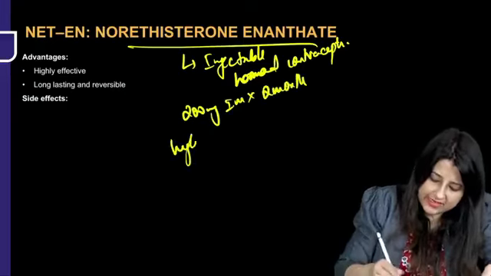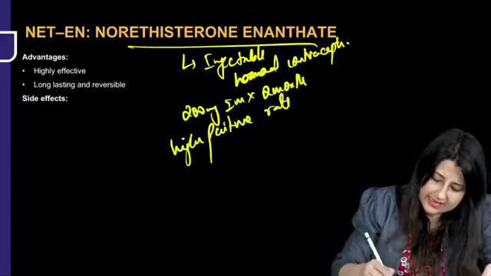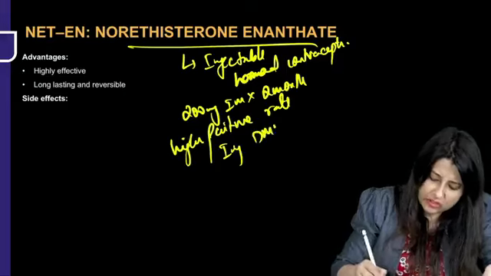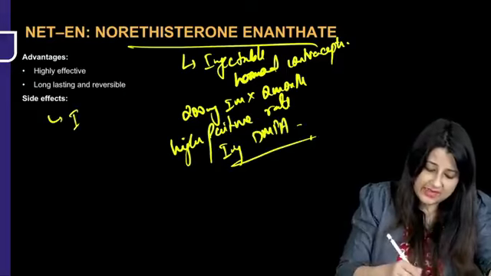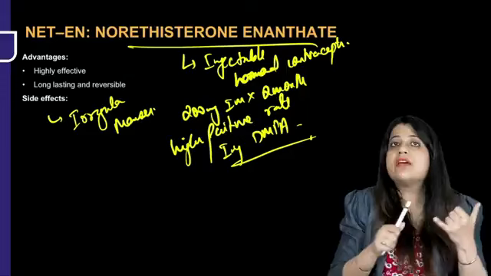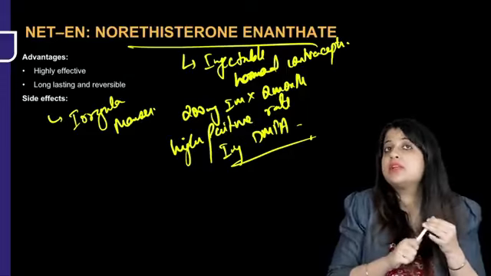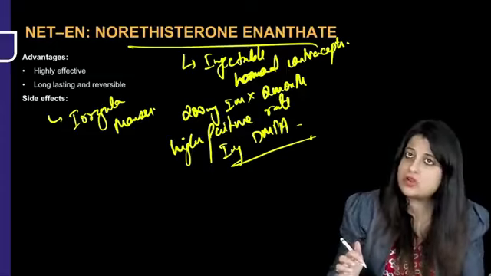This has a higher failure rate than Antara, that is, injectable DMPA. This is not available freely under our program. The side effect is again irregular menses. Is it clear? So you have injectable DMPA, which is available under the brand name of Antara. That is more important than norethisterone enanthate.